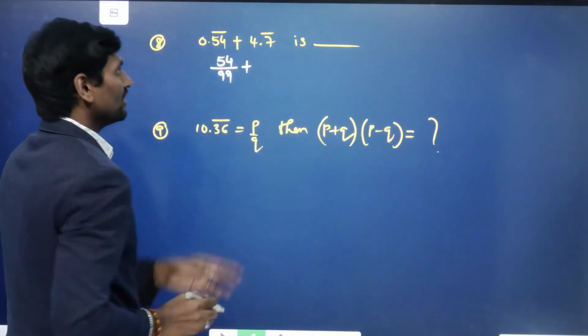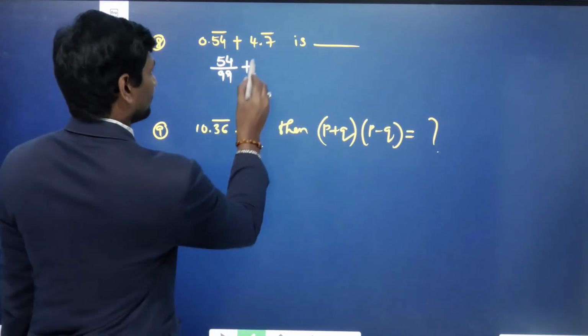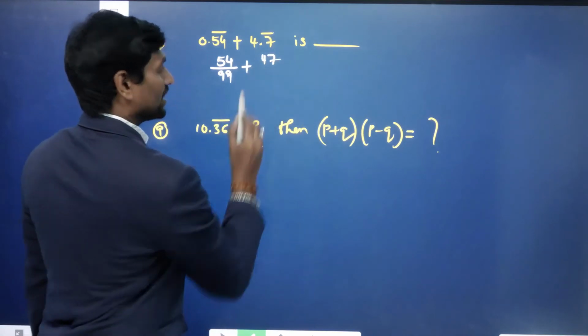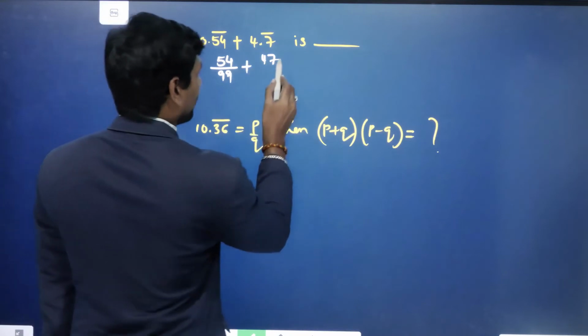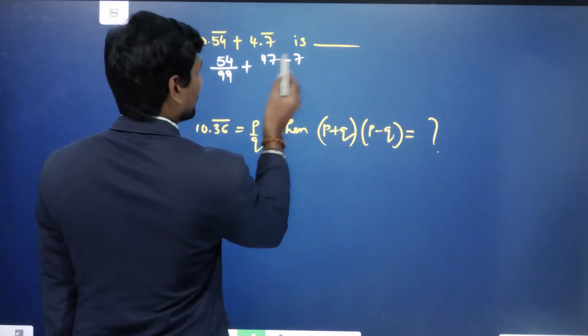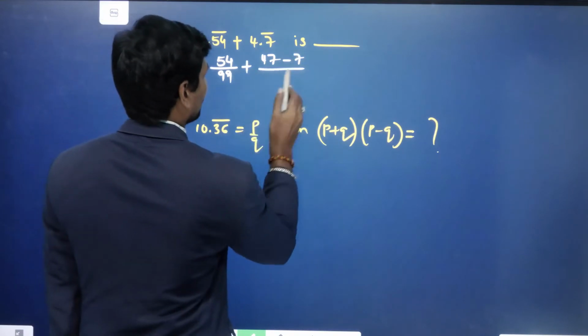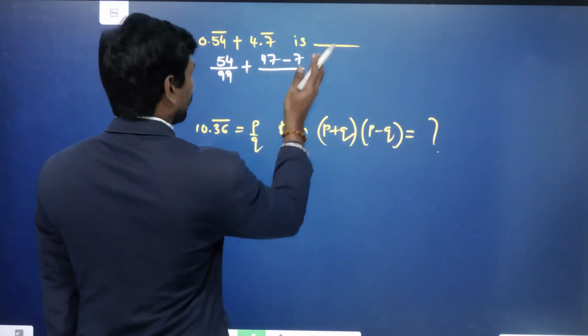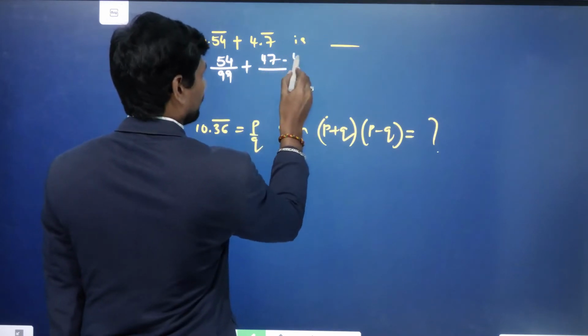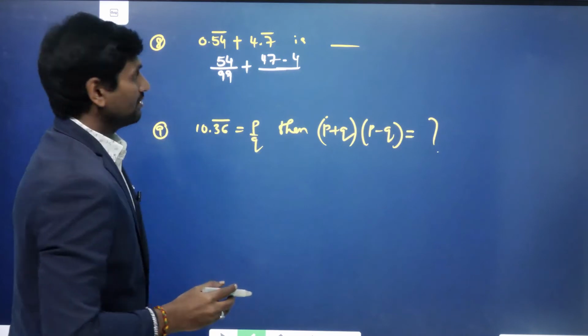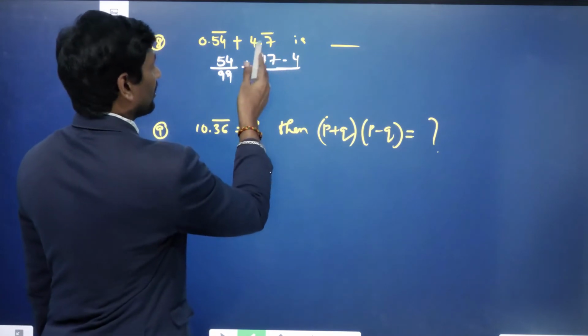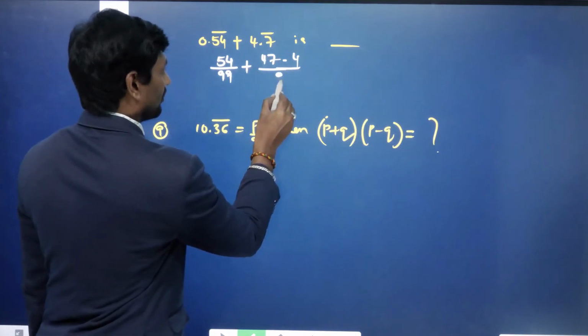Same way this one, 47 minus 7. Without the decimal it is 47, and among it 7 is repeating. 47 minus 4 is 43 by 9.